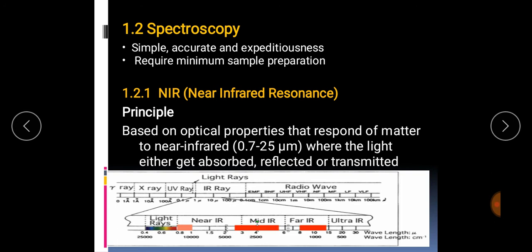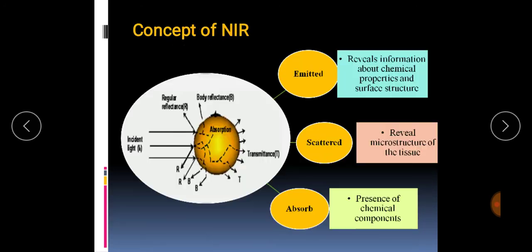See, different matter will have a different response to the entering light, how much it will absorb. Different matter will have different transmittance, reflectance, and absorbance, and based upon that data, you can use it for quantifying or qualifying, analyzing that material. Okay, the concept of NIR.